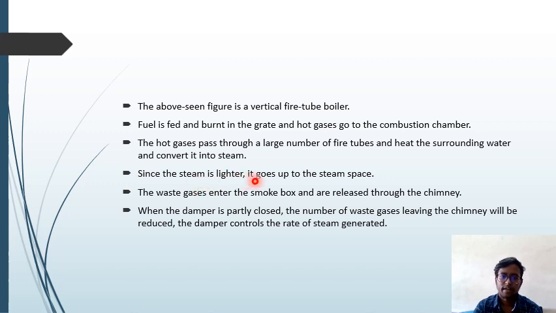Since the steam is lighter, it goes up to the steam space. The waste gases enter the smoke box and are released through the chimney, where the exhaust gases go out. When the damper is partly closed, the amount of waste gases leaving the chimney will be reduced. Hence, we can see that the damper controls the rate of steam generated.